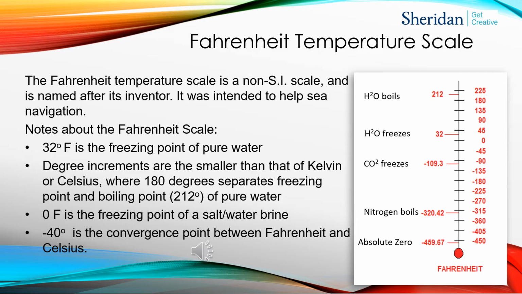Degree increments are smaller than that of Kelvin or Celsius, where 180 degrees separates freezing point and boiling point, 212 degrees Fahrenheit, of pure water. 0 degrees Fahrenheit is the freezing point of salt/water brine, basically seawater. Minus 40 degrees is a convergence point between Fahrenheit and Celsius.